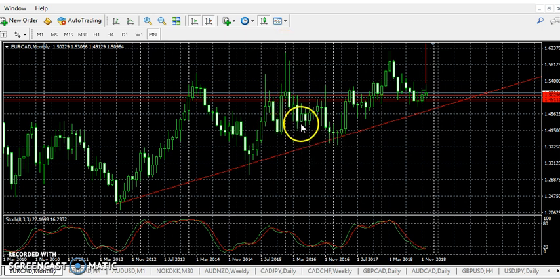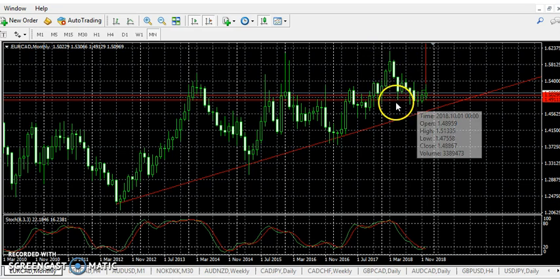Okay, again, this was not a structural retest, because this was a structural retest of this supply. So this came, tested this level, did a structural retest at a high, and now we expect a structural retest of this impulse.